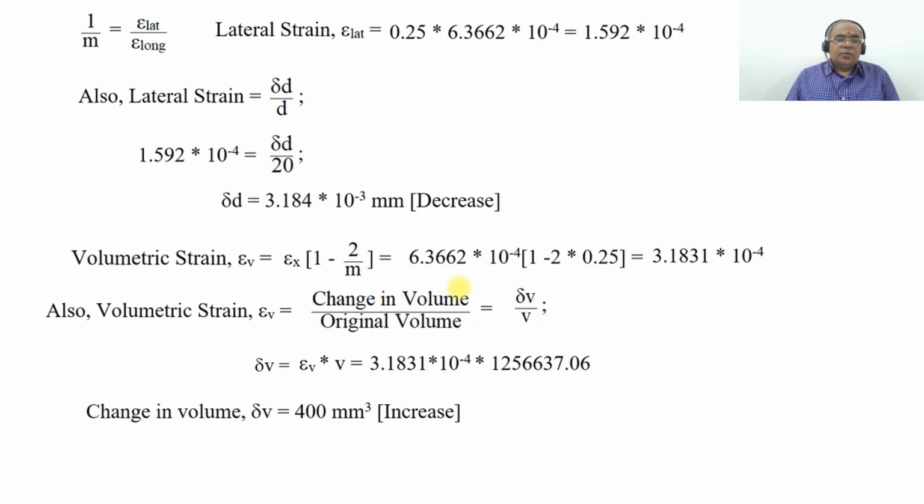On calculation, you get the change in volume, delta V, as 400 mm cube, which is an increase in volume. So this is how you find the volumetric strain, the change in volume, and the dimensions of a steel rod. Thank you.